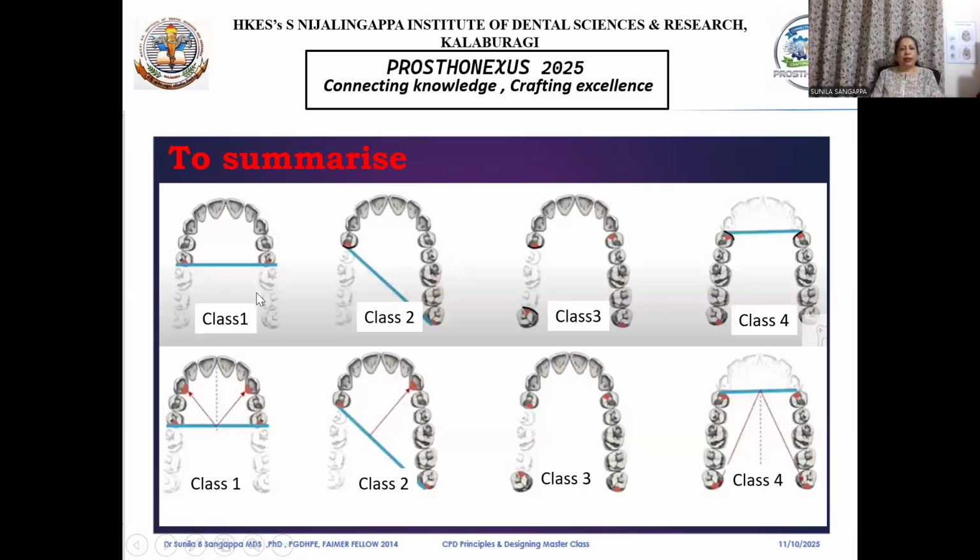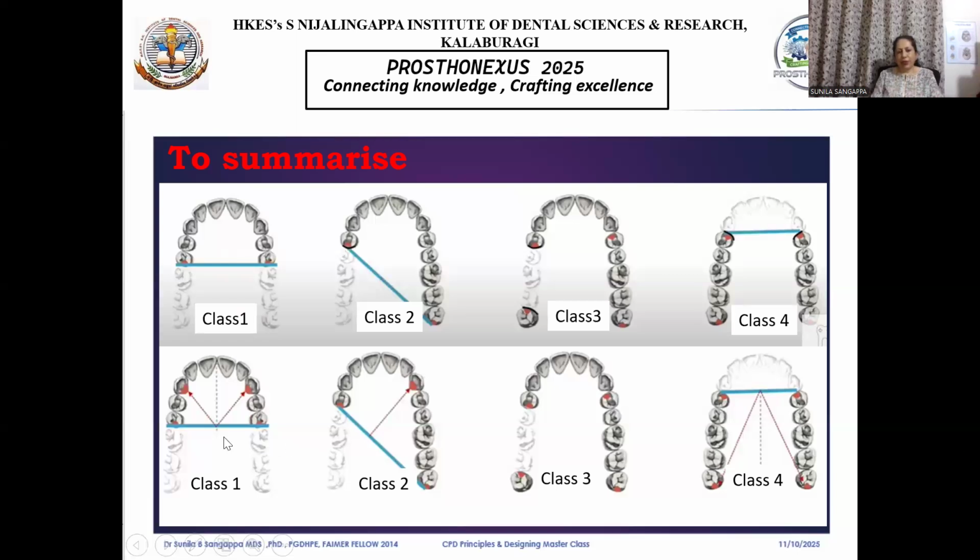Now, to summarize, as we understood, we have to make a note of the fulcrum lines because of the rotational movement that it causes on the RPD, especially in the distal extension, class 1, class 2, and also in class 4. Now, how do we counteract that? We have to have an indirect retainer that is placed perpendicular to the fulcrum line.